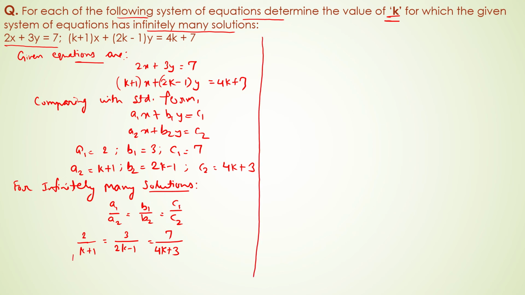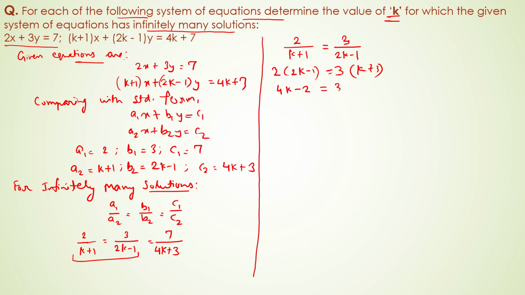So taking any two values, 2 upon k plus 1 equals 3 upon 2k minus 1. We get 2 times (2k minus 1) equals 3 times (k plus 1).